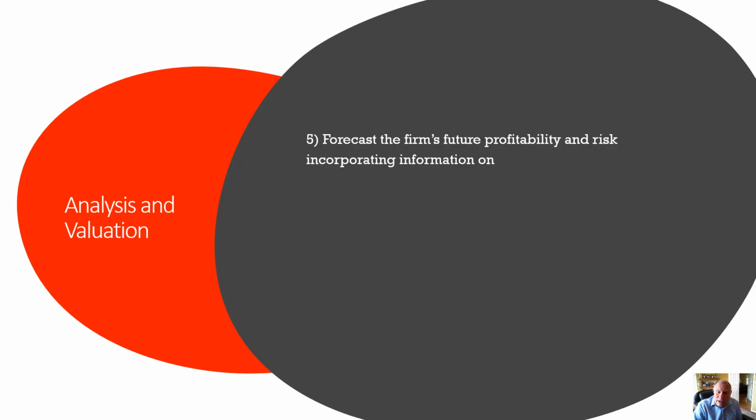Project 3 takes us into forecasting. So the first thing we're going to do here is forecast the firm's future profitability and risk, incorporating information on the strategic actions of the firm. What is the firm going to do? The economics of the industry and broad economics, because they will have a direct effect.